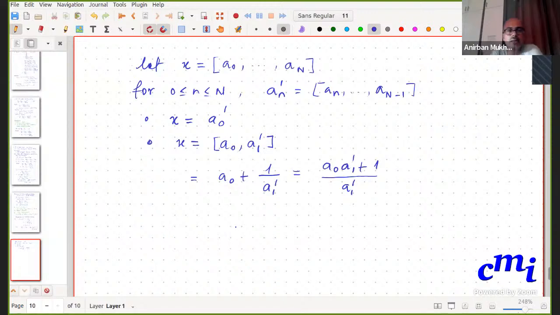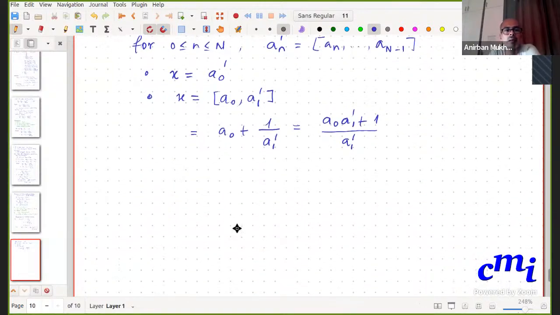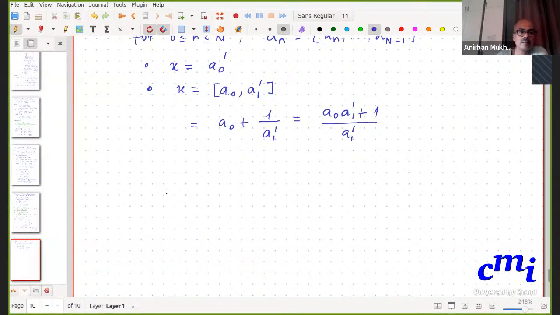So the same number I'm writing in this way. These are the cases for n equal to 0 and n equal to 1.